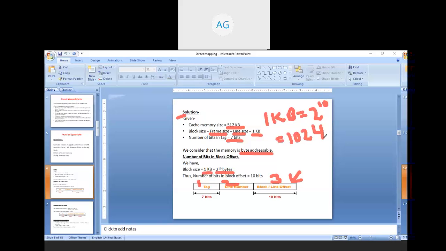So block size equal to 1 KB is equal to 2 to the power 10 bytes. Thus the number of bits in the block offset is 10 bits, because 2 to the power 10 is there. So here comes the 10 bits in the third part of the physical address of direct mapping. And we also know that 7 bits are there in the tag. So now we need to find out how many bits are there in the line number.